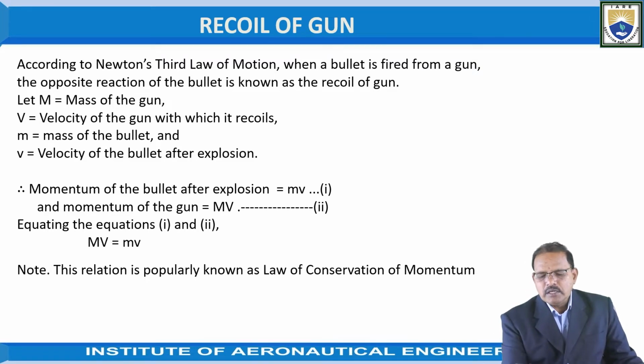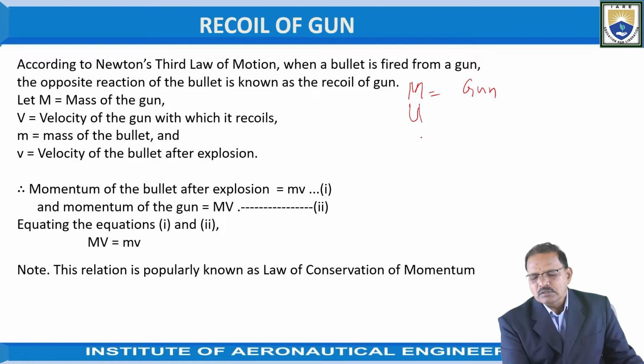So for the gun, capital M is the mass, u is the initial velocity, and V is the final velocity.